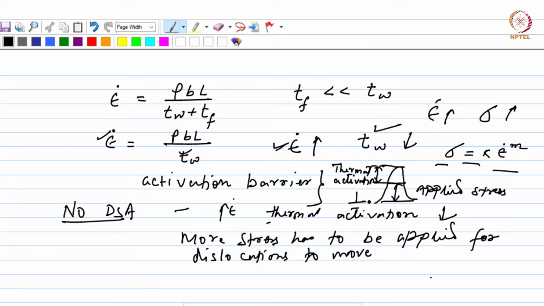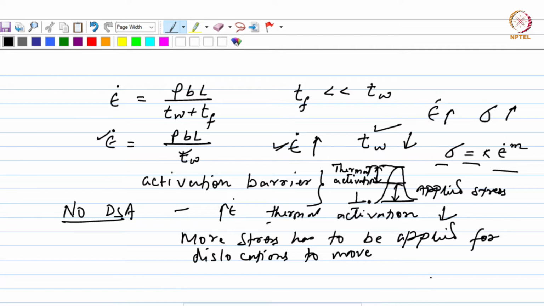What we are talking about here is the relationship between the plastic deformation, or the dislocation motion, and the strain rate. Right now we are not considering the occurrence of dynamic strain aging. We are deforming the material under normal conditions, not in the temperature or strain rate range in which DSA can occur.